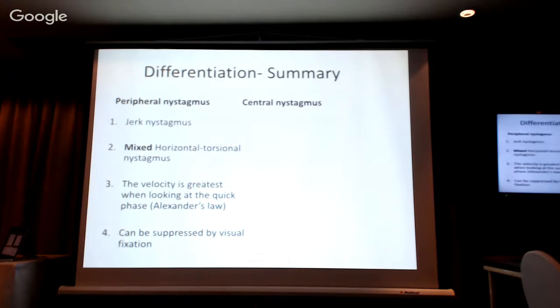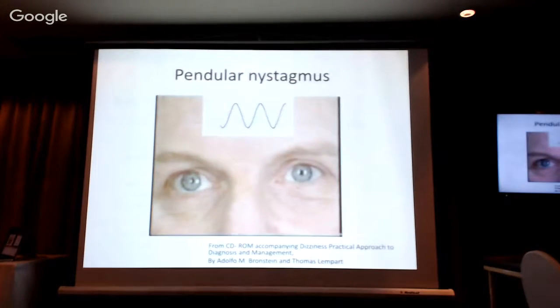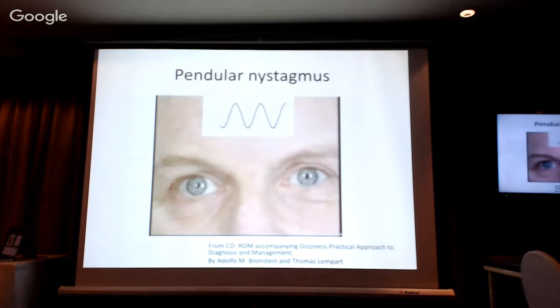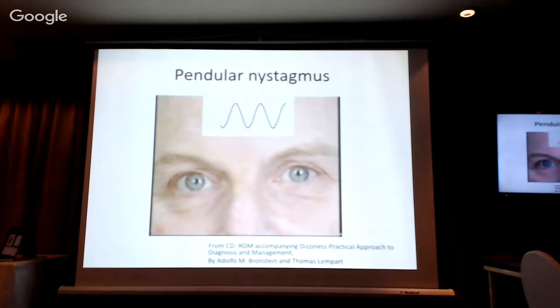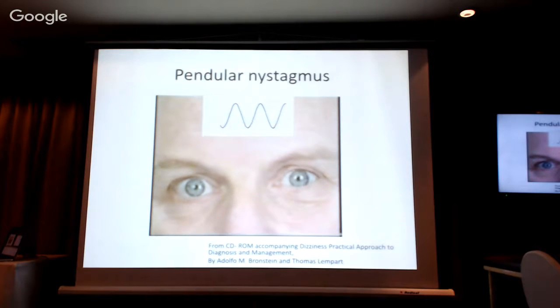Okay. In contrast, central nystagmus. In contrast to jerk nystagmus, you may have pendular or other waveforms. This is the pendular waveform. Okay, please note the waveform. It's not jerky. It's sinusoidal.